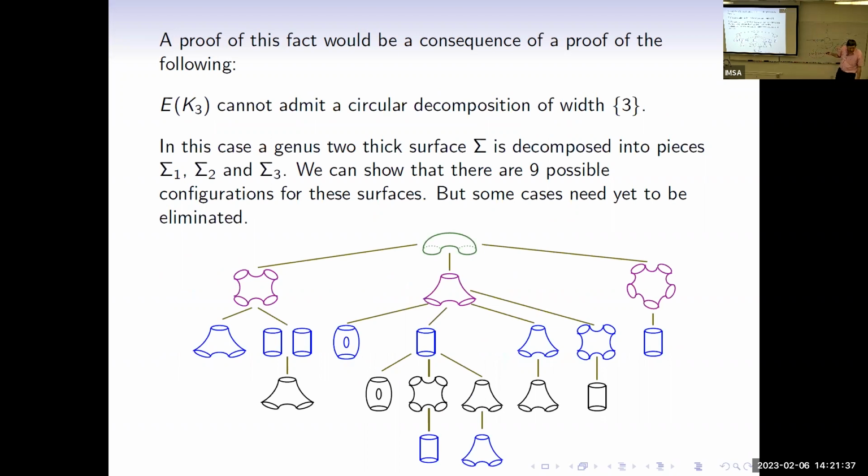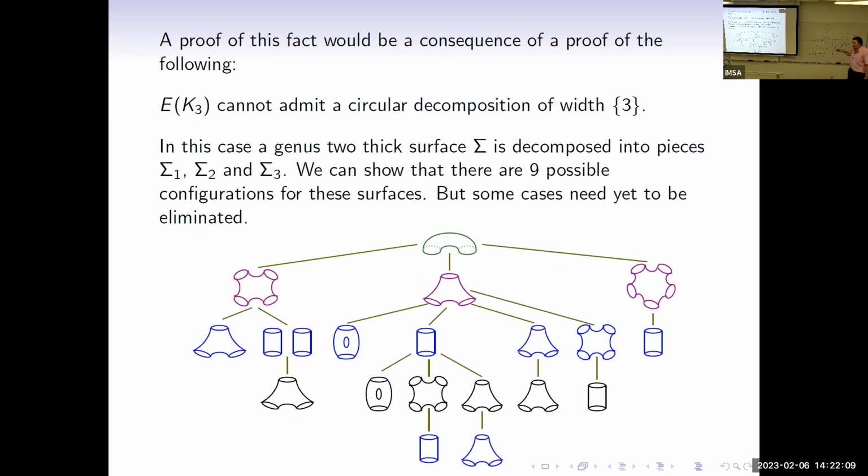And in this case, we can do the proof more or less along the same lines, but because there are only 3 pieces, we have more cases. In this case, we have all these 9 cases. And we have eliminated almost all of them.